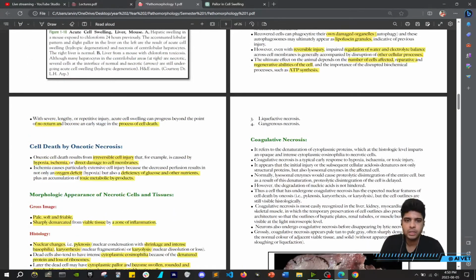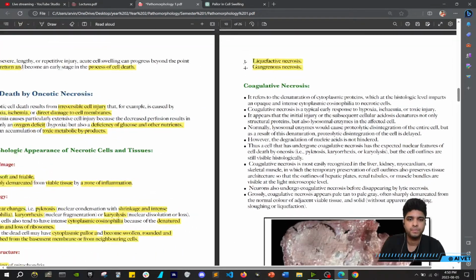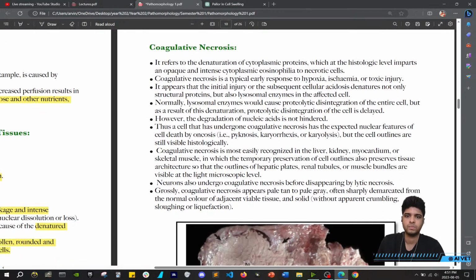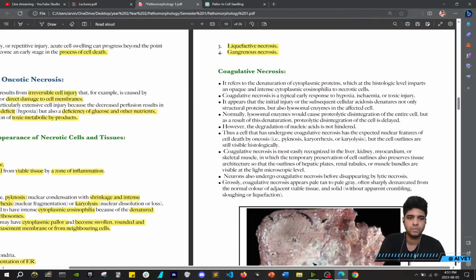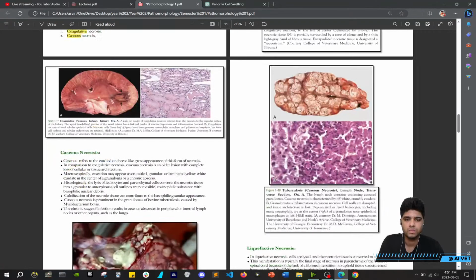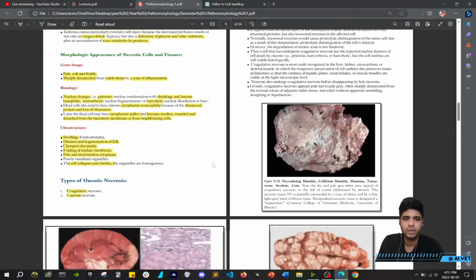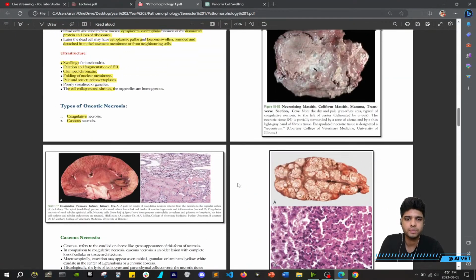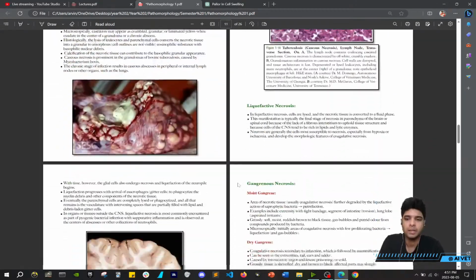Coagulative necrosis, caseous necrosis, liquefactive necrosis, and gangrenous necrosis.